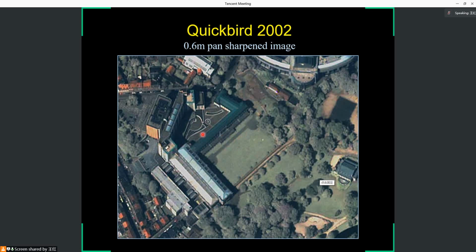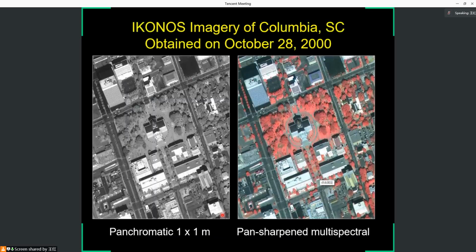You see the building and the green roof, the red roof, trees, shadows. Very clearly you can see.